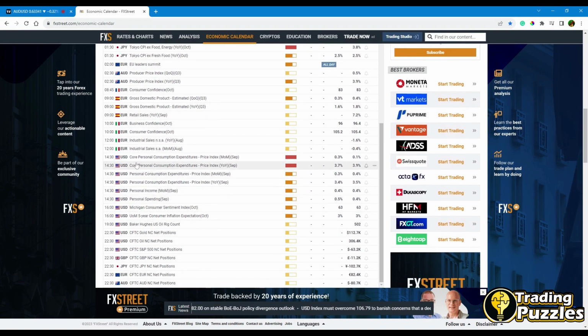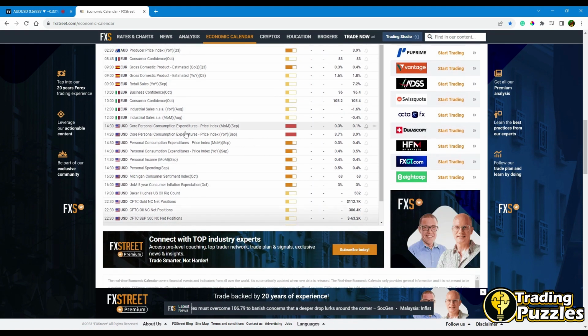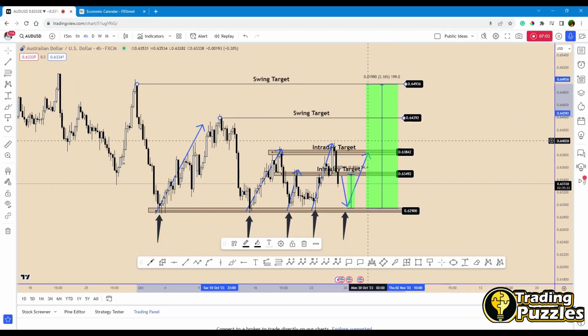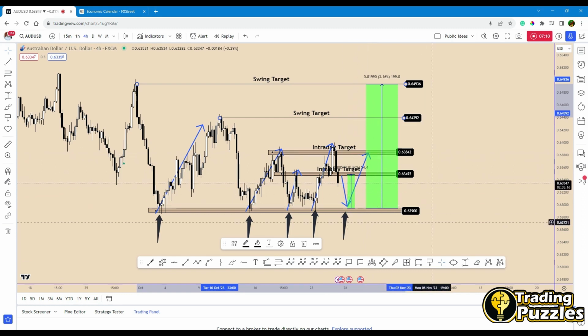And also core personal consumption expenditures. This is going to be very important for the US during the opening. So let's see. For today, we have only the Bank of Canada interest rate decision, and it should help Aussie USD to increase further. So let's see what is going to happen.